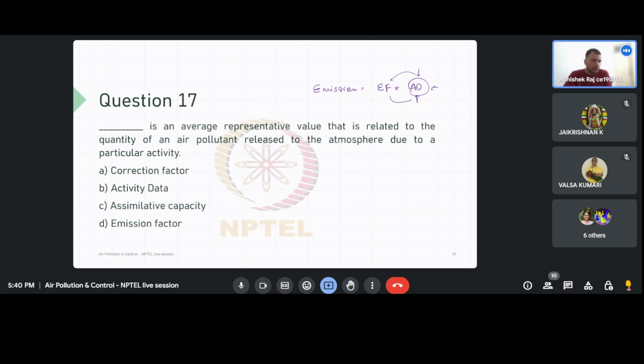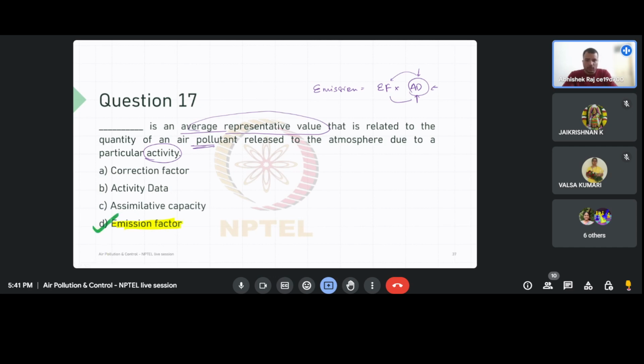Finally, we take the product and sum all of them up to find the emissions happening over the region. The emission factor is nothing but an average representative value related to the particular activity for the release of an air pollutant. So the correct answer is option D, emission factor.